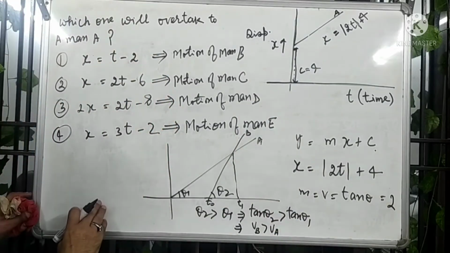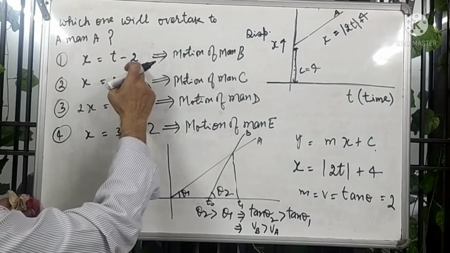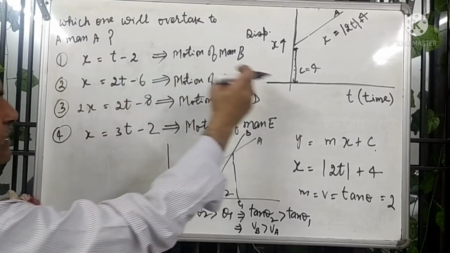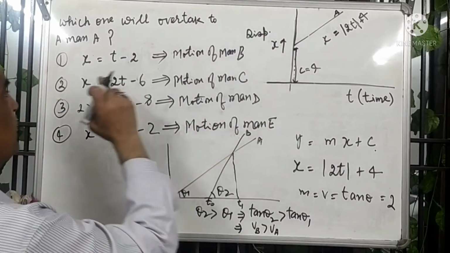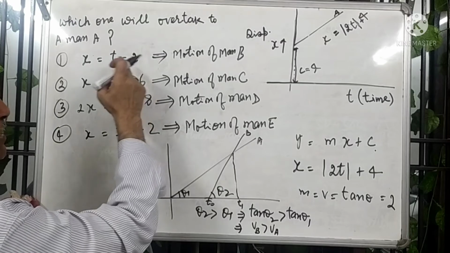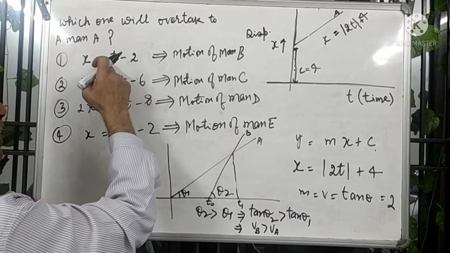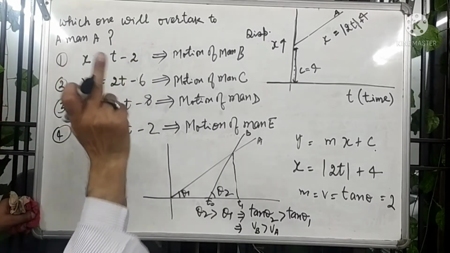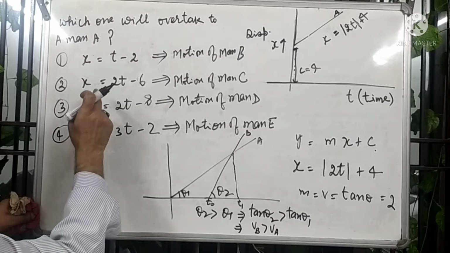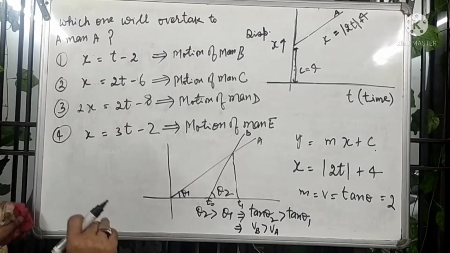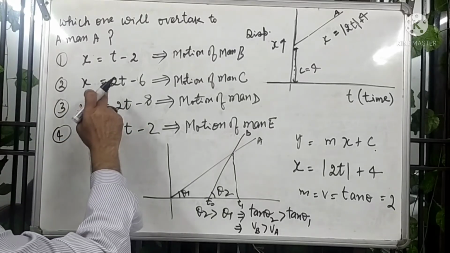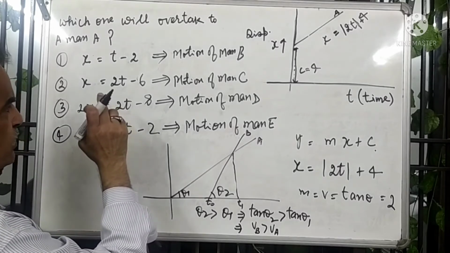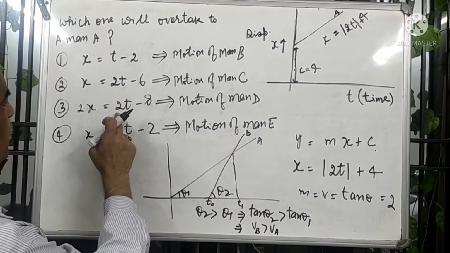So in this equation y = mx + c, c is minus 2 and m is 1, so the slope is 1, and that is velocity, you can say 1 unit. In this one the velocity is 2 units. In this one the velocity is 1 unit.